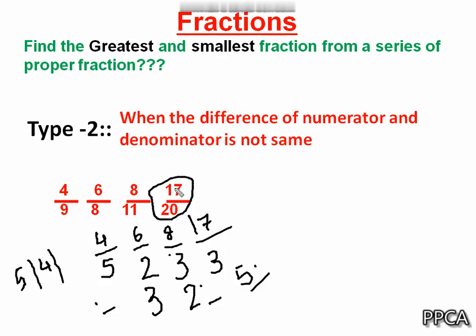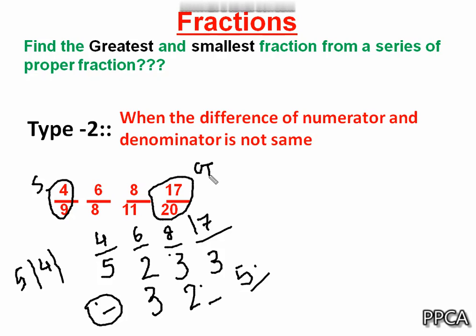So 17 by 20 is the greatest fraction, and the one giving point something is the smallest fraction.